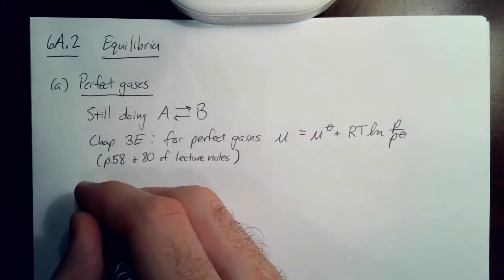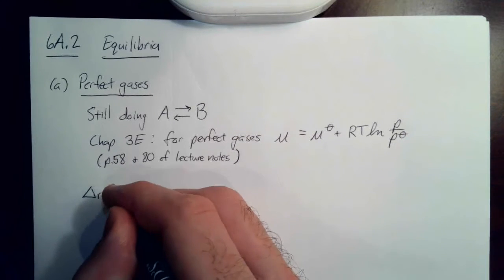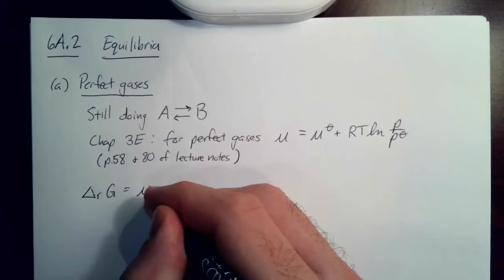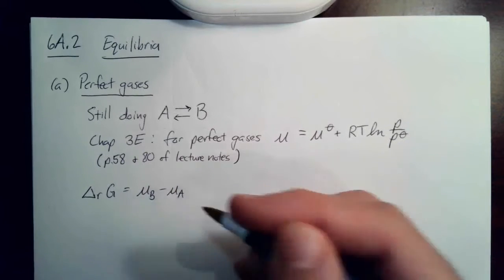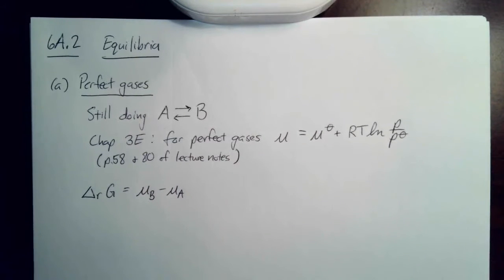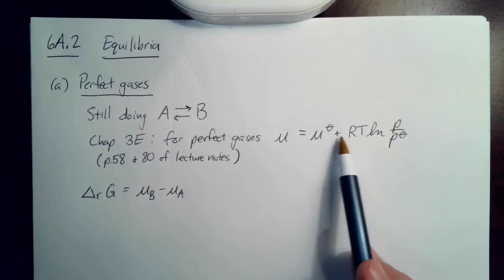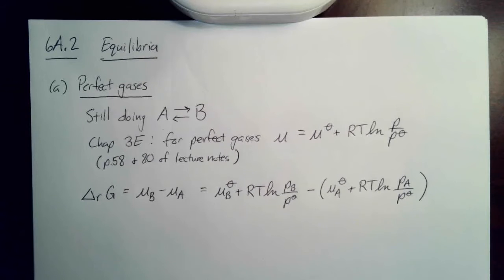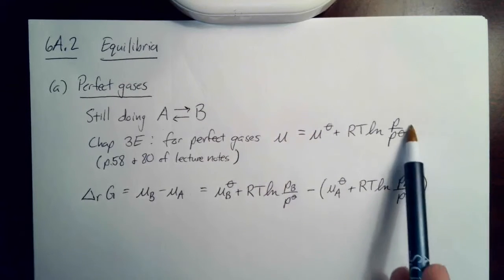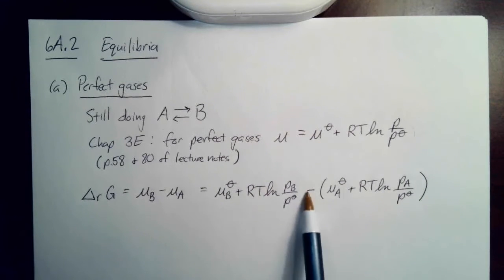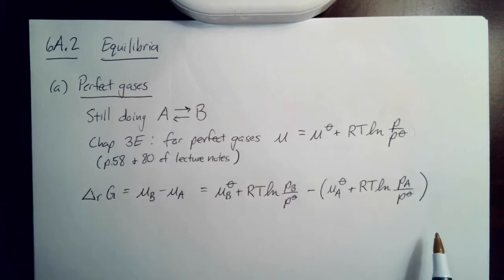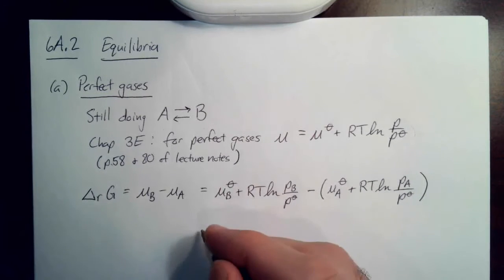So as we just saw, Gibbs energy of reaction is the difference in the chemical potentials of A and B. And now I'm going to substitute this equation in for each of these, mu A and mu B. Where this is the equation for mu B, and this is the equation for mu A. Now I'm going to group the terms.